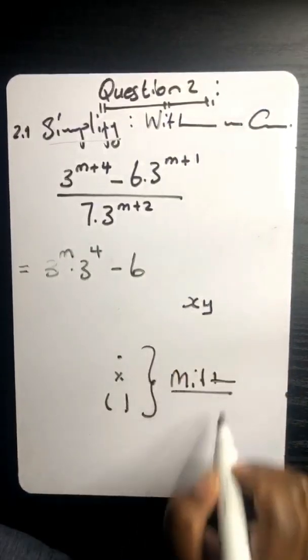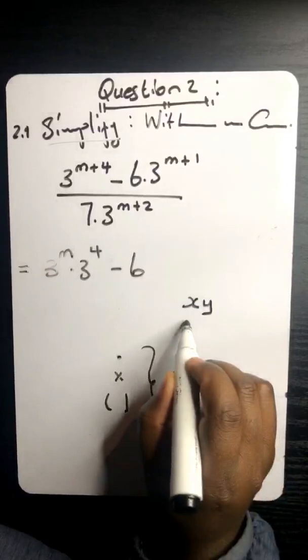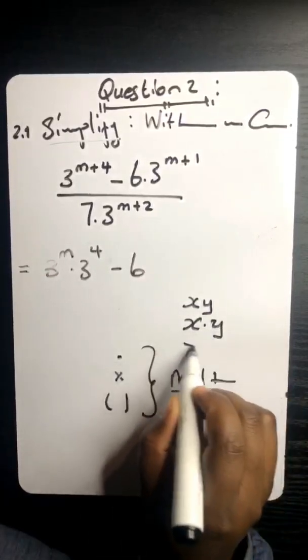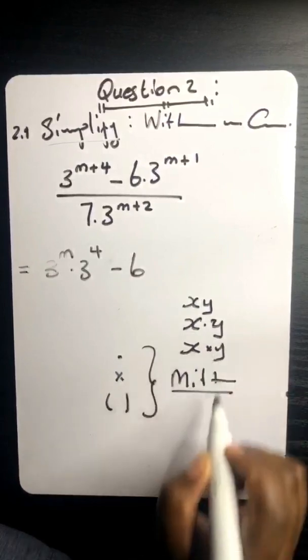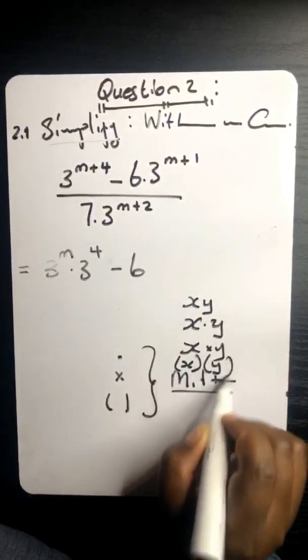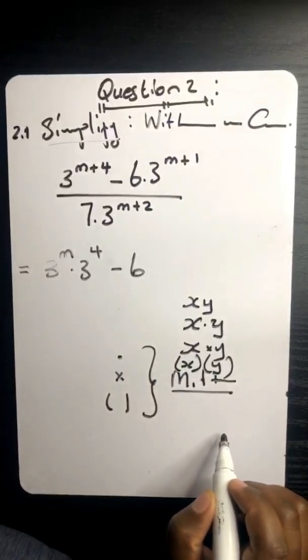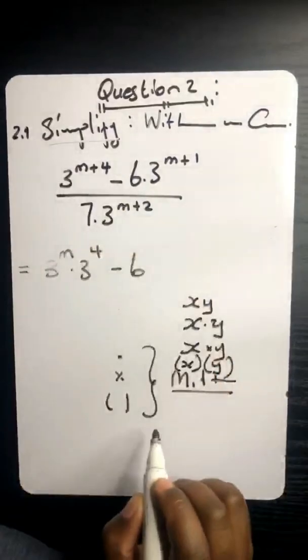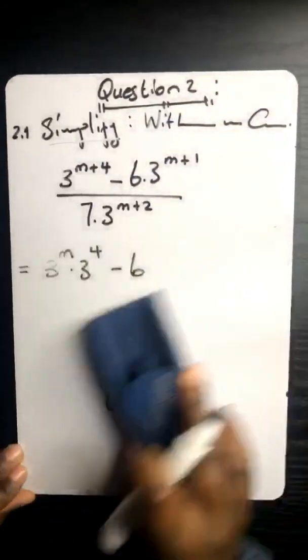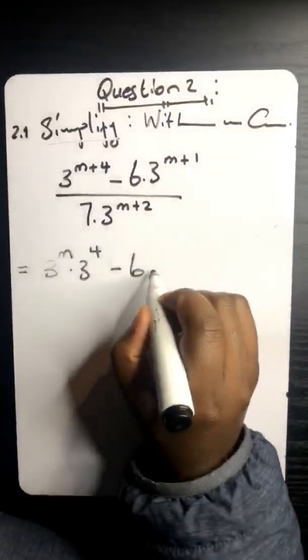That nothing means multiplication. Otherwise, you can have x dot y, x times y, or x inside brackets, y inside brackets. One and the same thing. So that dot over there means you are multiplying 6 and that. Very, very important.